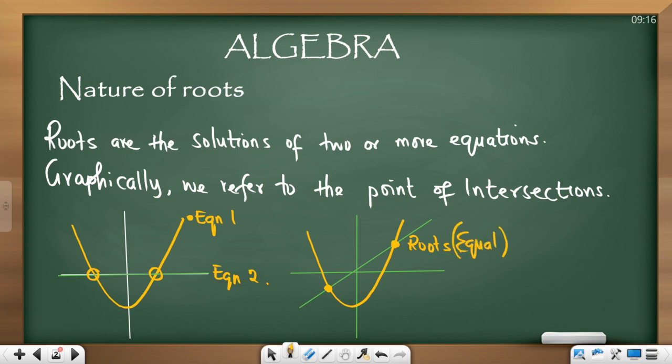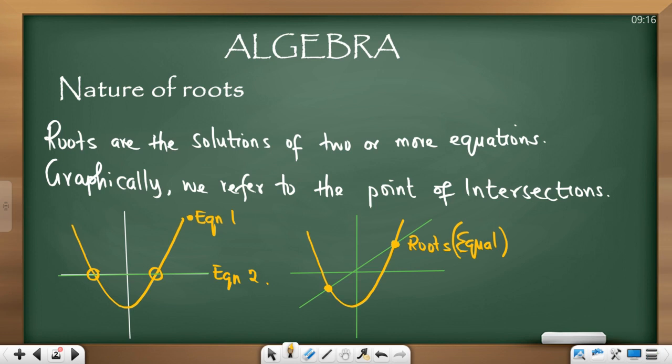I hope it makes sense. We're going to get questions where you need to solve things like this. So please understand what roots are. Roots are not just on the x-axis. It is the point of intersection. It's another way of solving a simultaneous question. So we need to open ourselves to a lot of applications.